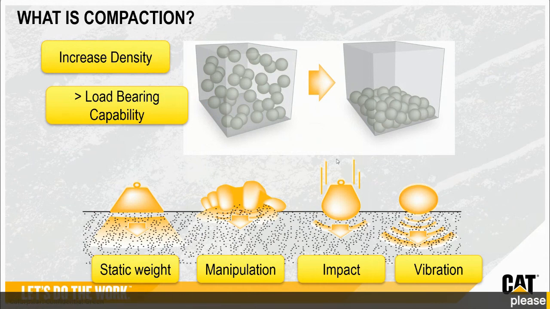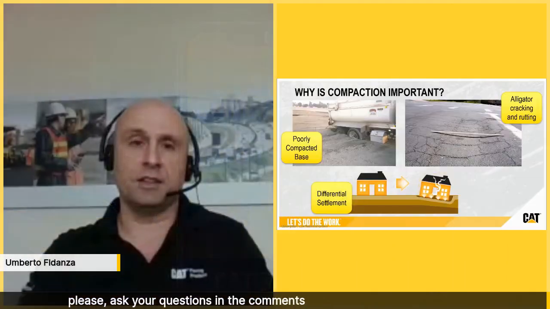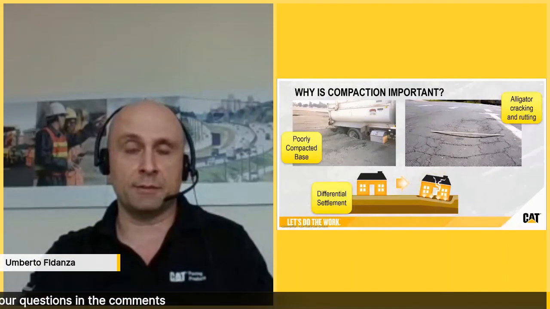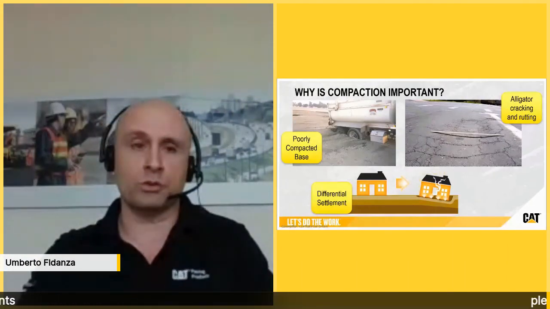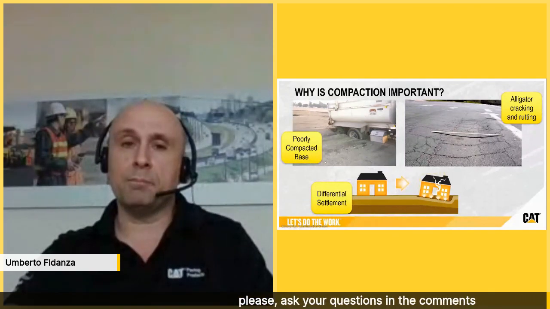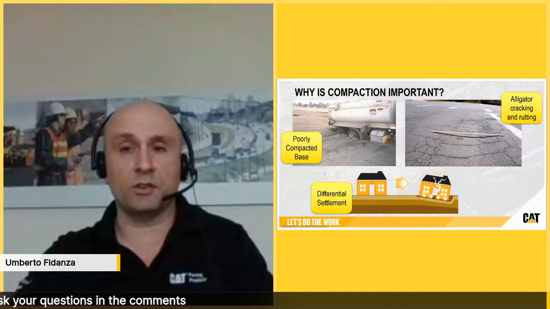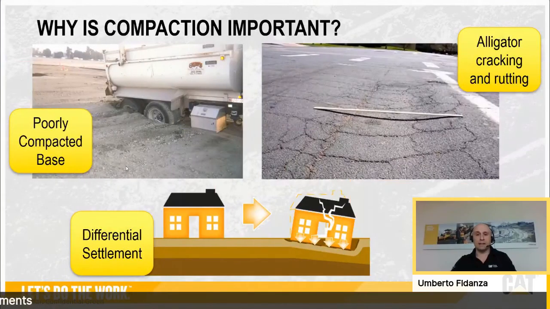less space. So why is it important to compact the base before building an infrastructure, whether it be a building or a road? Because a poorly compacted base will basically compact later and with serious effects on the overlaying infrastructure.